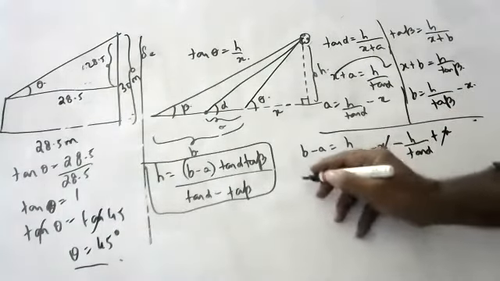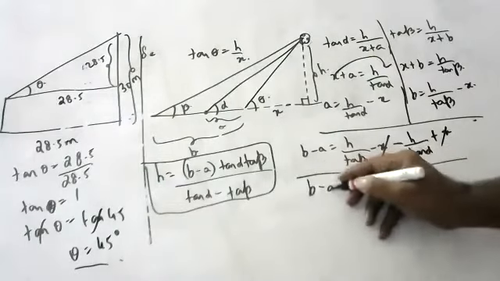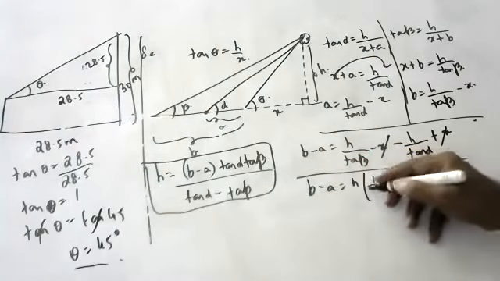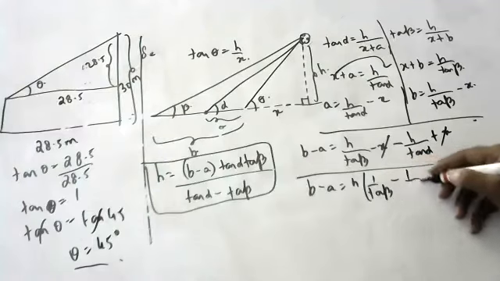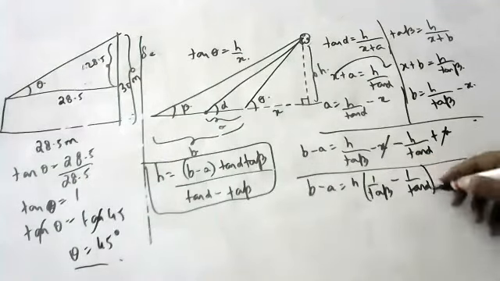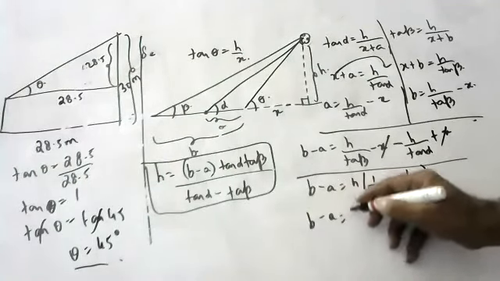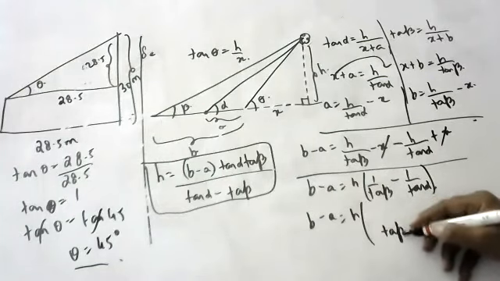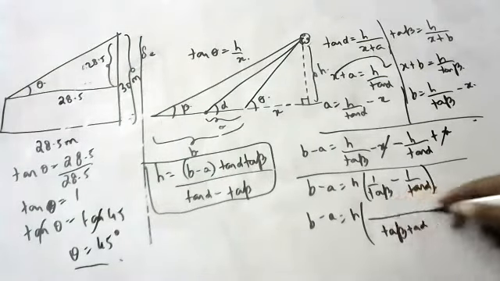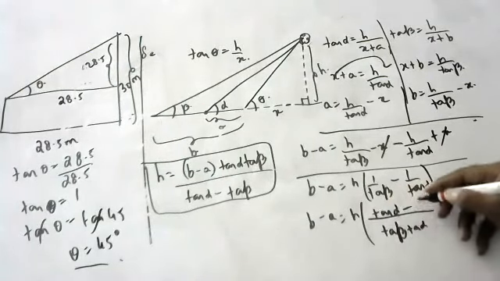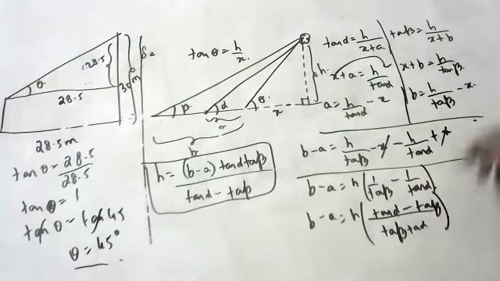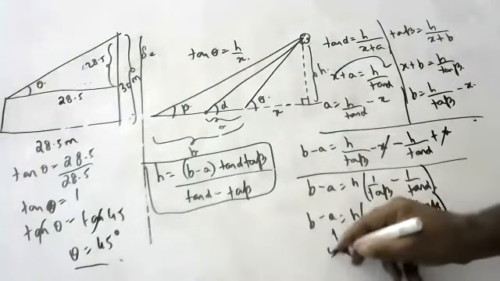So LCM tan alpha tan beta. B minus A is equal to H, you take common, 1 by tan beta minus 1 by tan alpha. LCM: tan alpha minus tan beta. This will go up, this will come down, children.